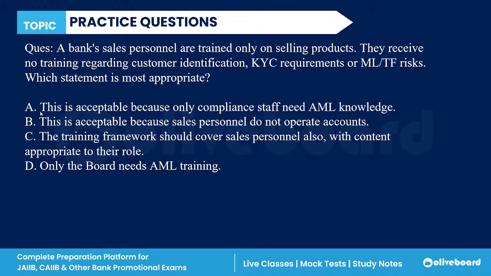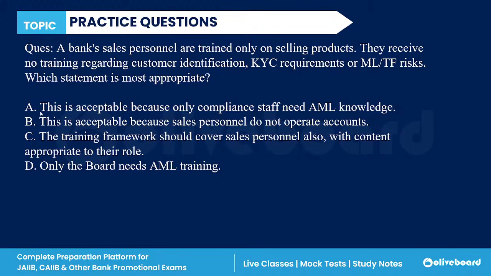It is also very simple. The bank's sales personnel are trained only on selling products. They receive no training regarding the customer identification, KYC. Now, which of the following statements is most appropriate here?